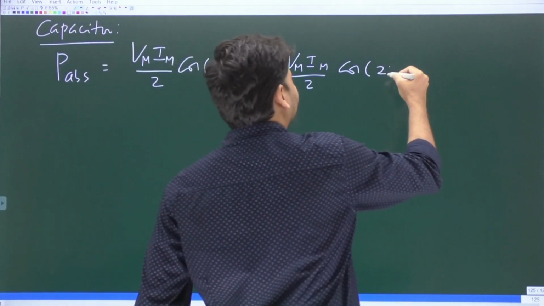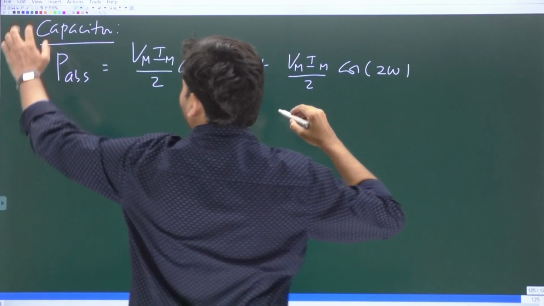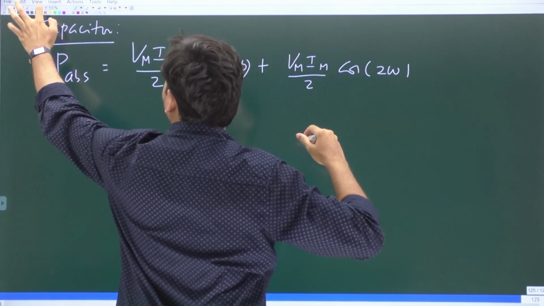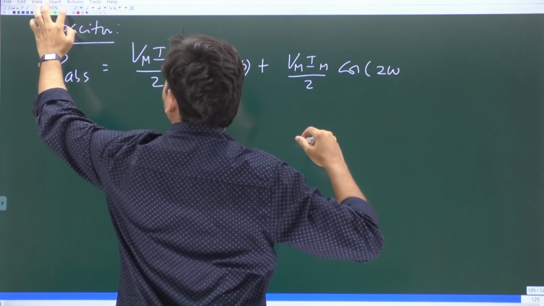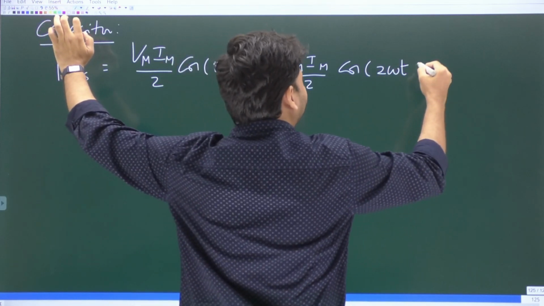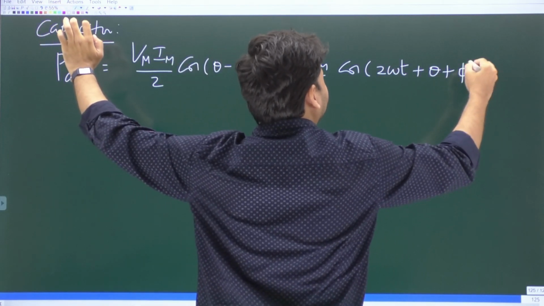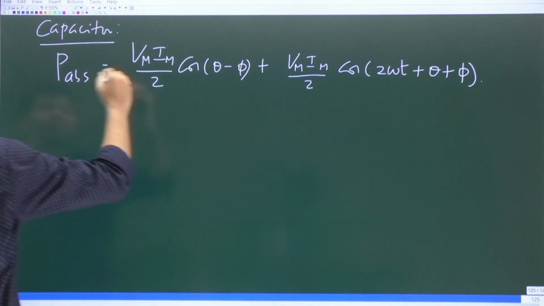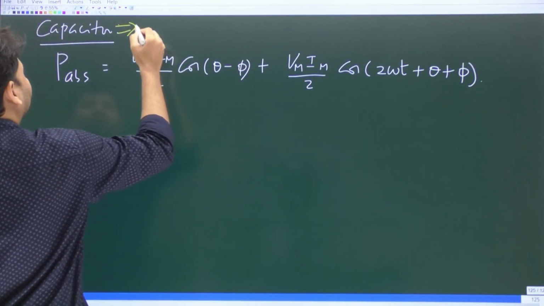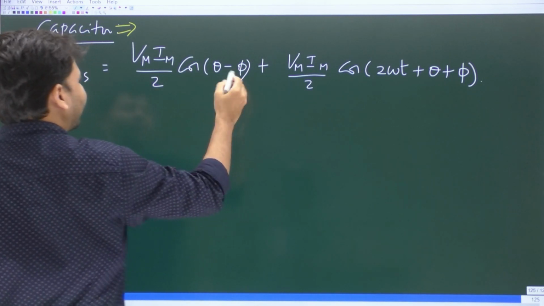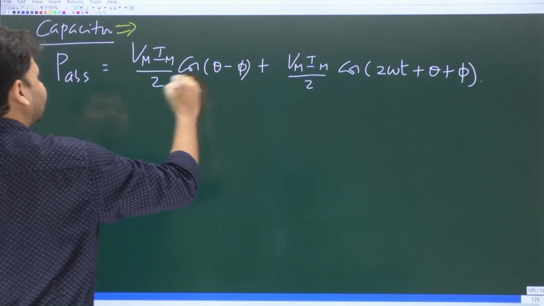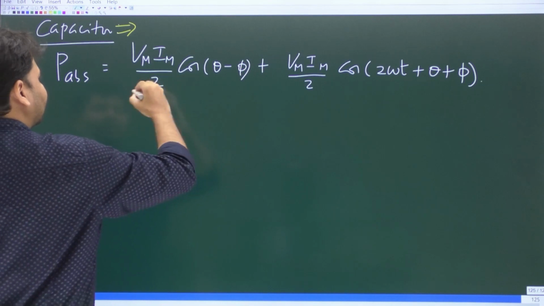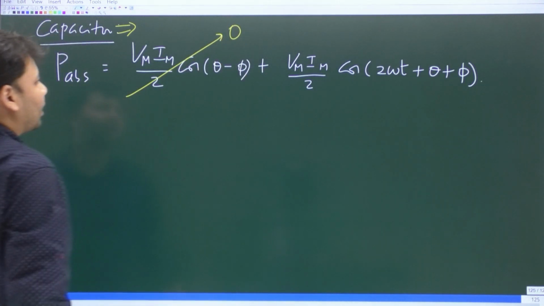So cos of 2 omega t plus theta plus phi. Now for a capacitor, theta minus phi is going to be minus 90 degrees. So cos of minus 90 degrees is 0, and this entire term becomes 0.